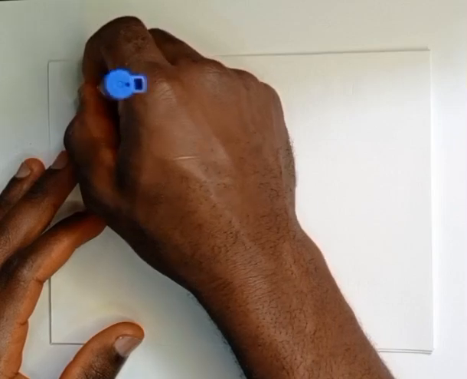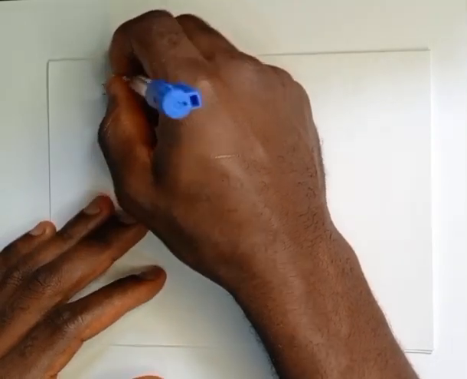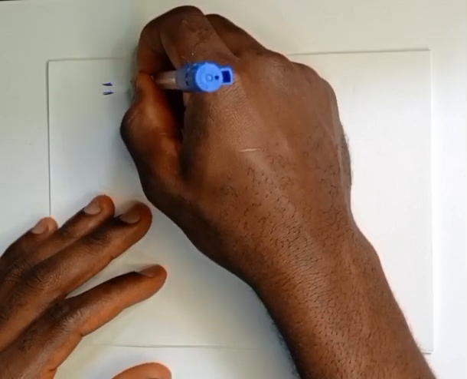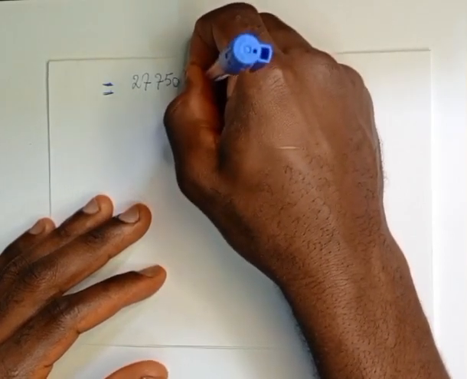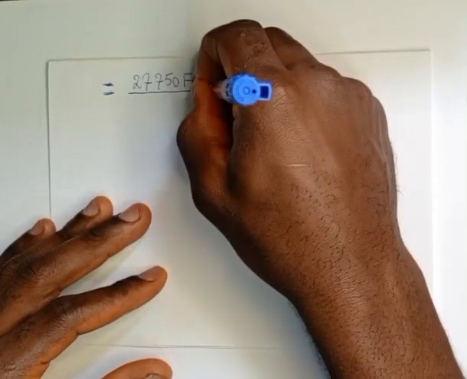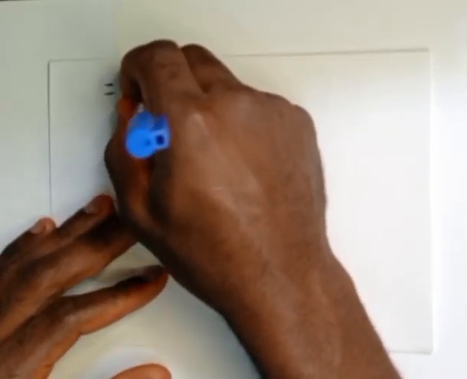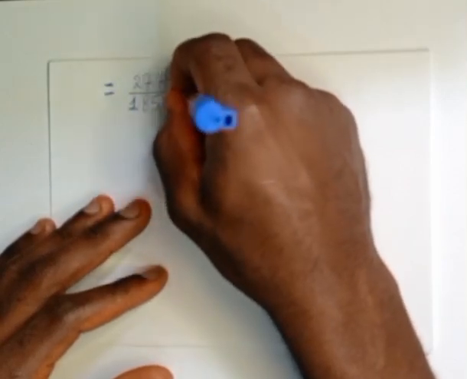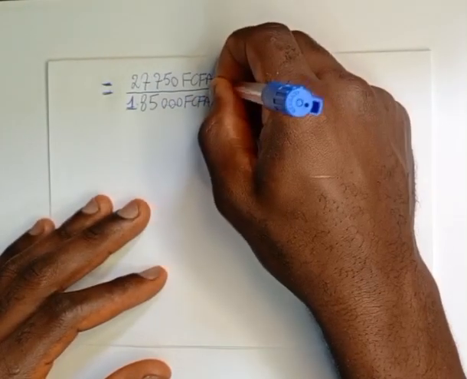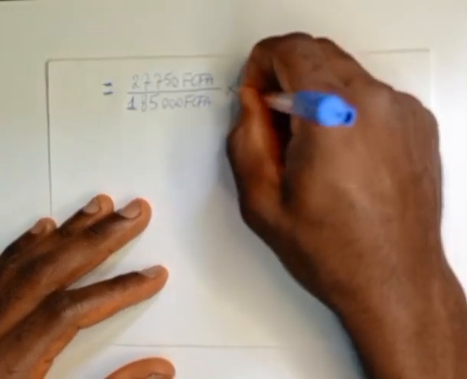This will simply be equal to, the discount amount is 27,750 francs CFA. It's divided by the original price, which is 185,000 francs CFA, times 100% over 1.